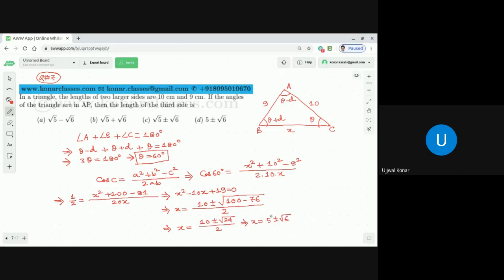Eventually we get the length of the third side. As we see, what are the different options given, dear students? From those options, we can find it is 5 plus minus square root of 6.